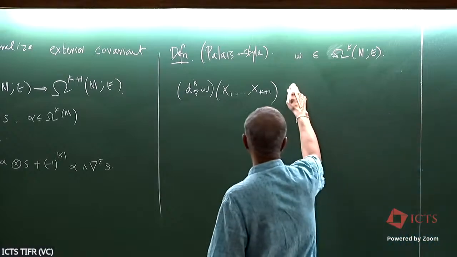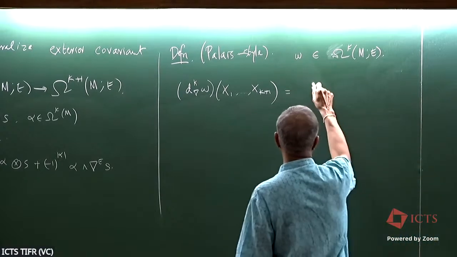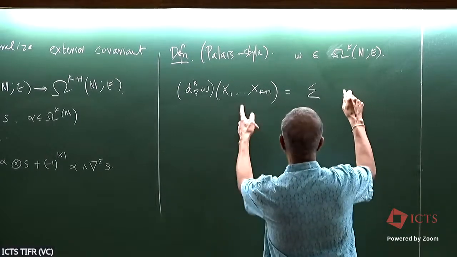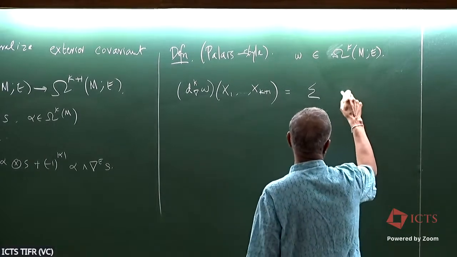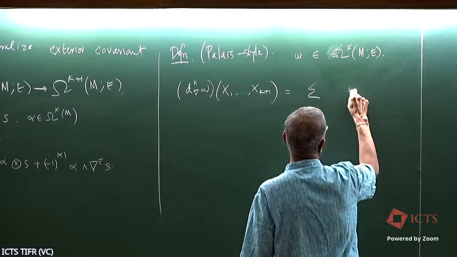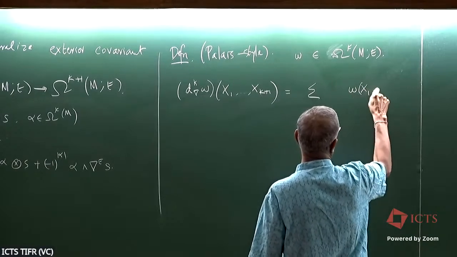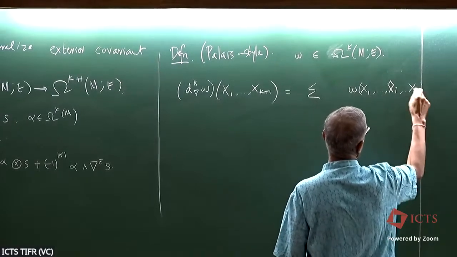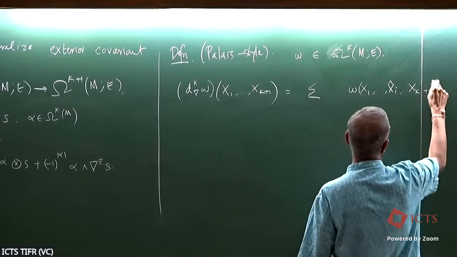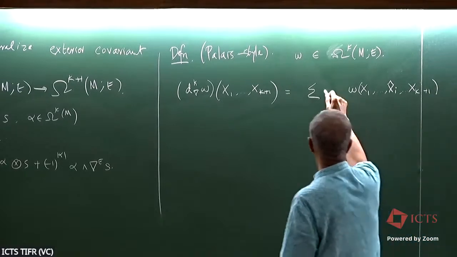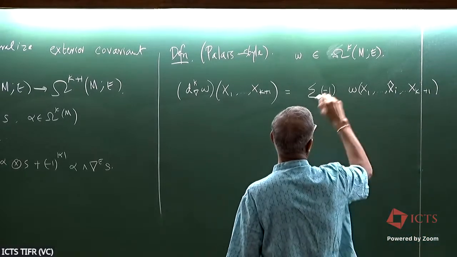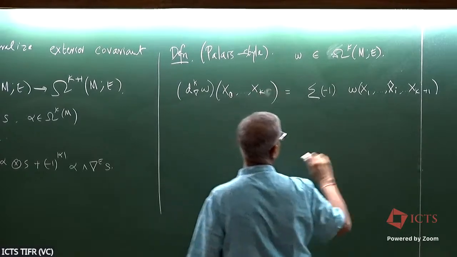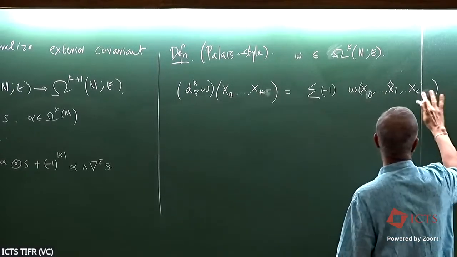And what it does is this: you delete one vector field at a time. And so if I take omega of x1 and delete xi, and put a sign here, maybe I want to make it 0 through k. Let's do that. Then the sign looks nicer.